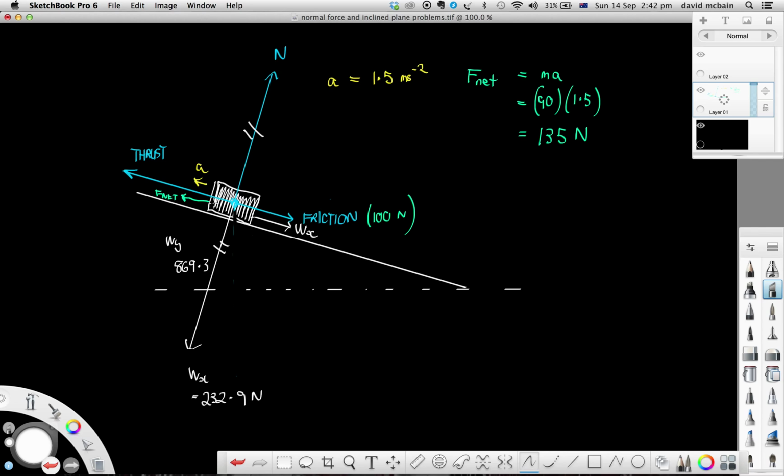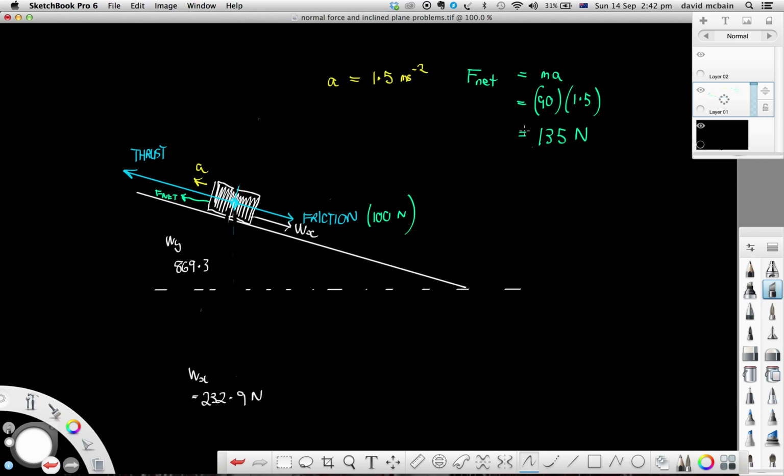Now, to make things a little bit easier to follow, I'll just get rid of this force, because that's being cancelled by this force. And so these are the only three forces that are having any effect on the motion of the skateboard up the ramp.